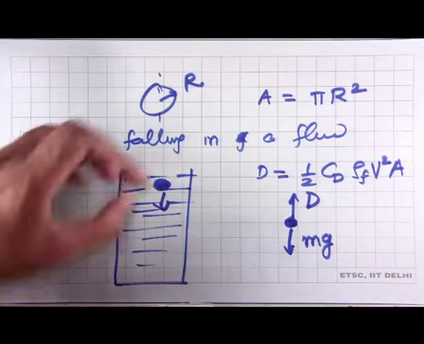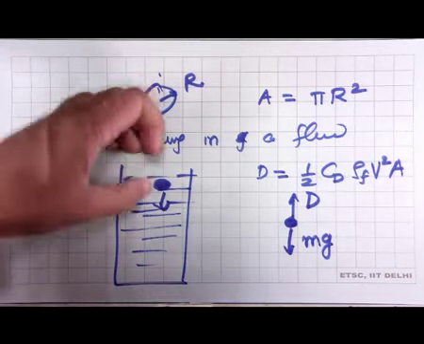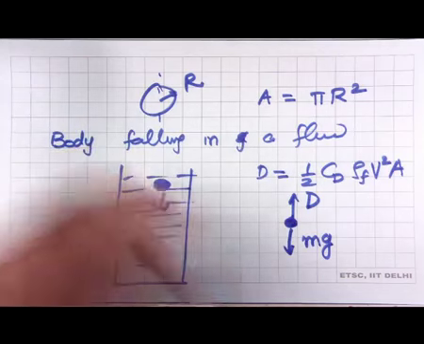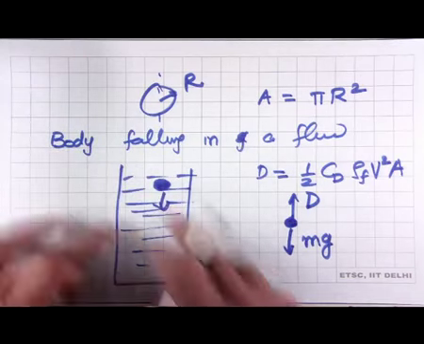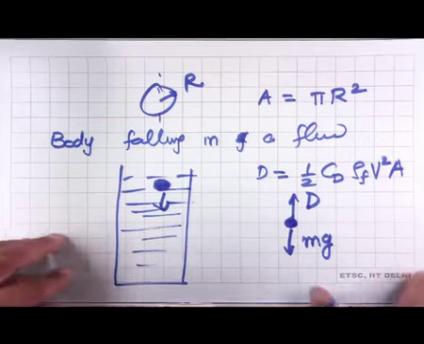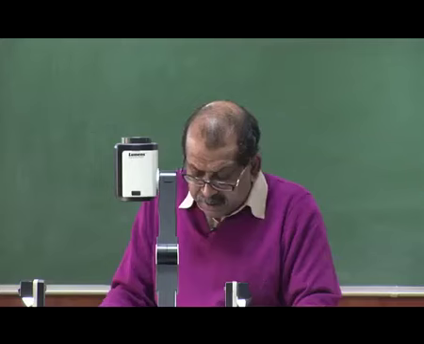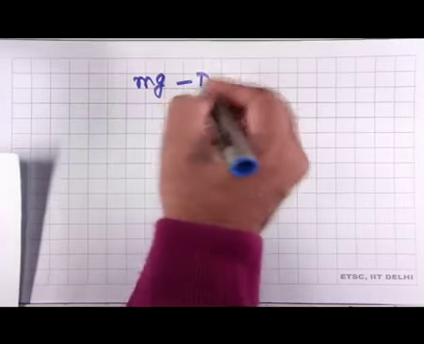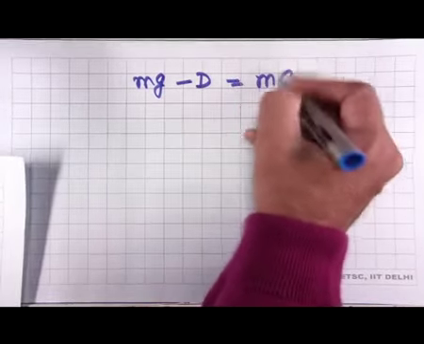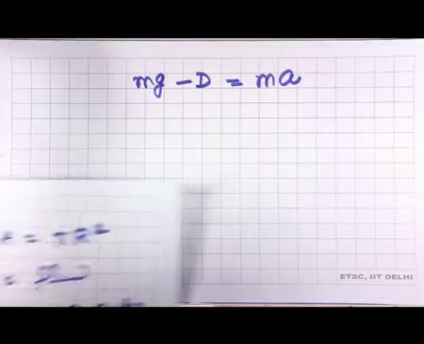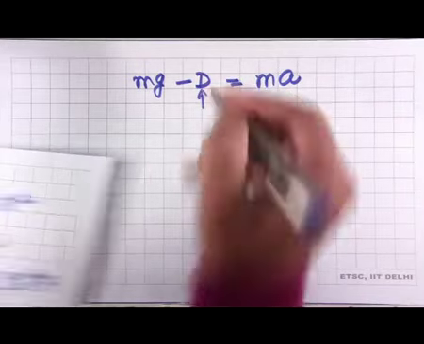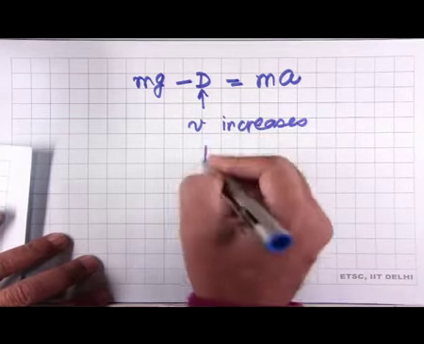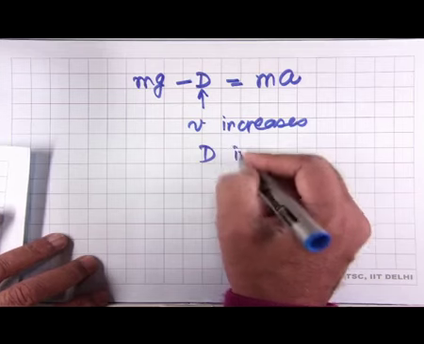Now, as the body starts to fall, initially it is at 0 velocity, so there is no drag. Because of the weight, the body starts to accelerate. So mg minus D will be equal to mass times acceleration of the body. But slowly the velocity increases, and as the velocity increases, the drag force will increase.